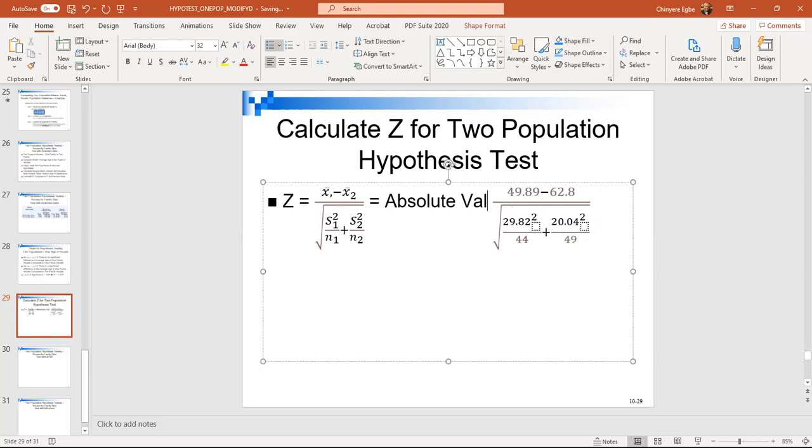So once we have this, we can now do our calculations. Okay, absolute values.